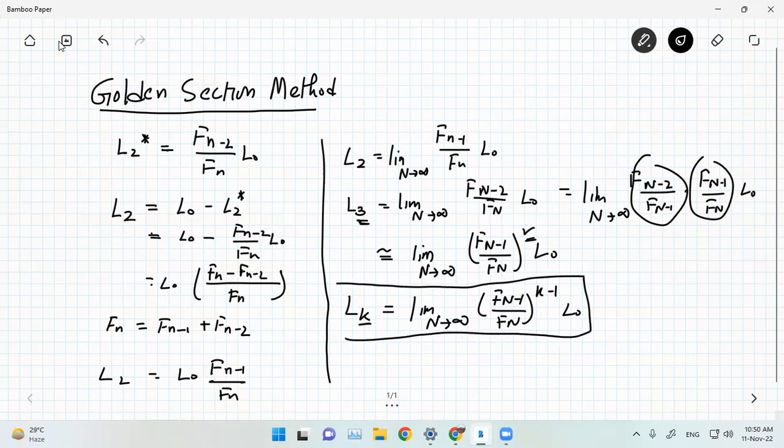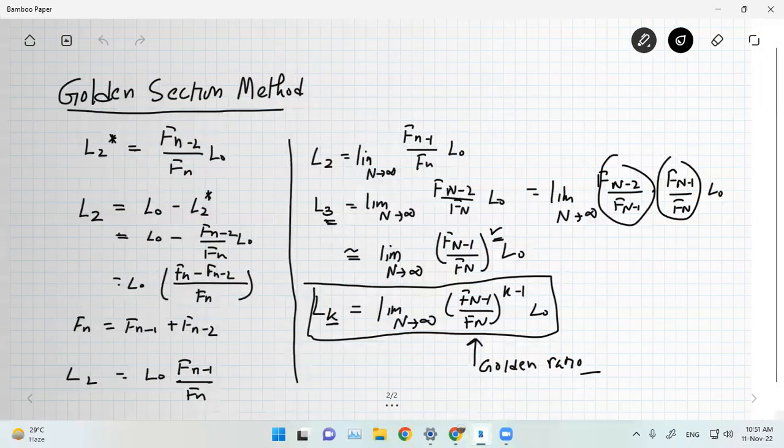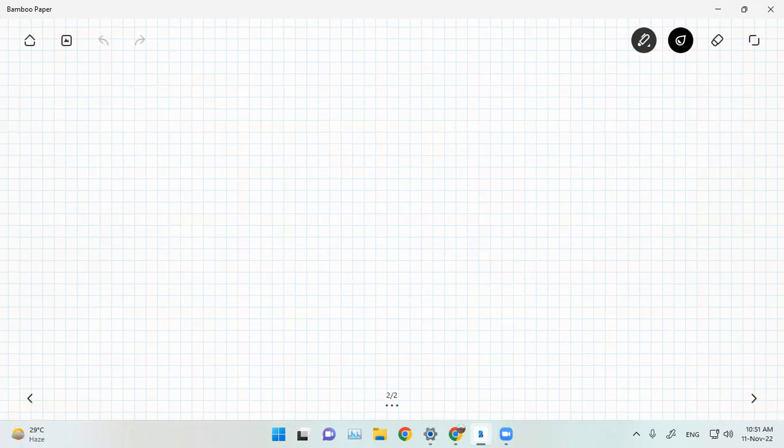Now we want to show that this is actually a golden ratio, or a ratio that is rarely available in other cases. So let's see that. We have our formula of the Fibonacci number, that is Fn equal to Fn minus 1 plus Fn minus 2.